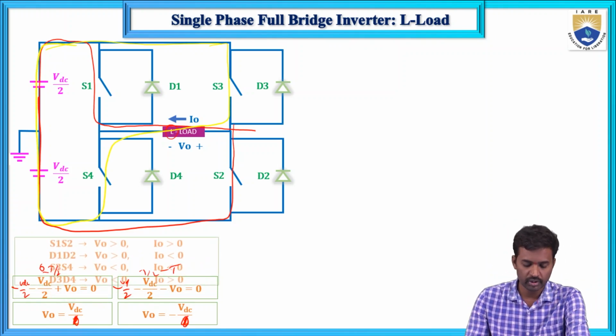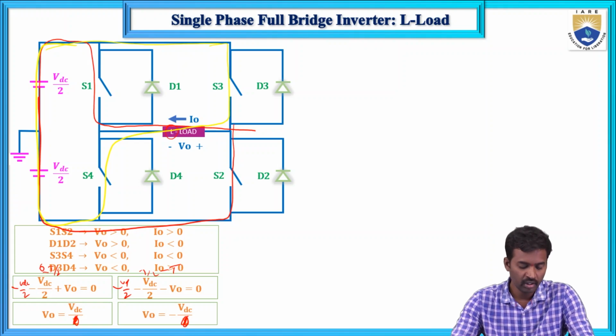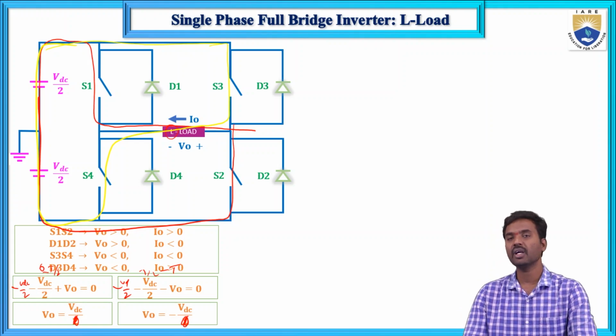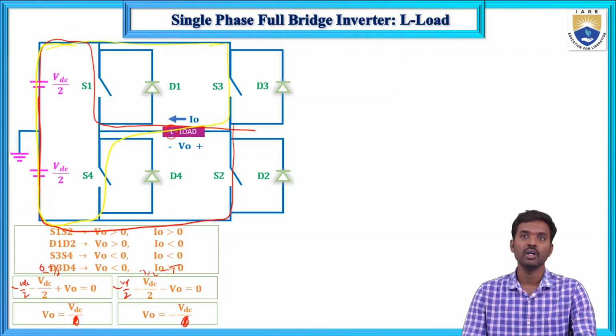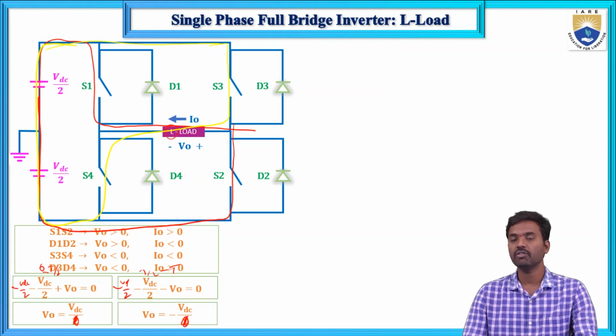So now if you see the switches configuration, D1, D2 will conduct and D3 and D4 will conduct. So here what is the property of inductance? Inductor is a passive element which stores energy; it receives the power from the sources and stores the energy in the form of magnetic field, and it delivers to the load.